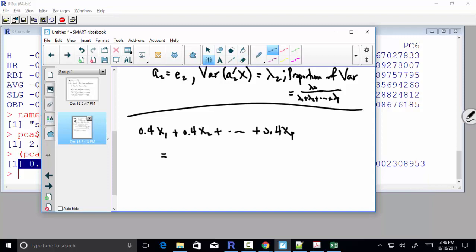That's the same thing as 0.4 times the sum of the variables, and that's basically like a straight average of the variables. So it's a weighted average. Not exactly a weighted average. It's basically a straight average. It's add up all the variables and divide by a constant.